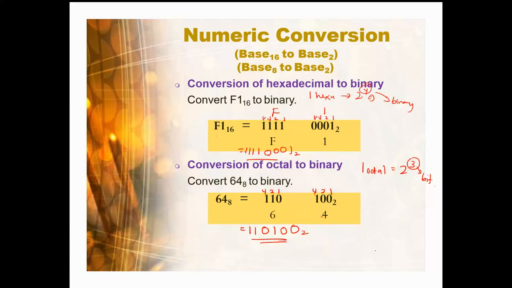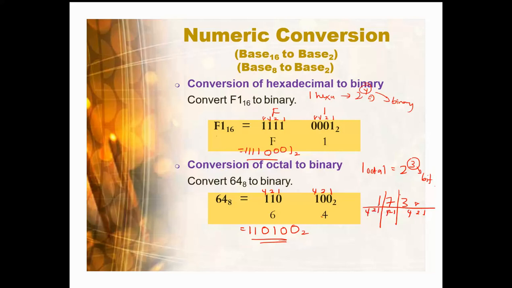So kena remember lah, 1 octal equals to the power of 3 of binary. Contohnya kalau you ada 173 base 8, so you pecahkan dia kepada 3 bahagian. Satu digit adalah 3 bits, 1 digit of octal sama dengan 3 bits of binary. So you start dengan 1, 2, 4, ini pun 1, 2, 4, ini pun 1, 2, 4.